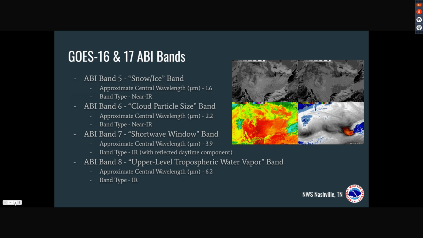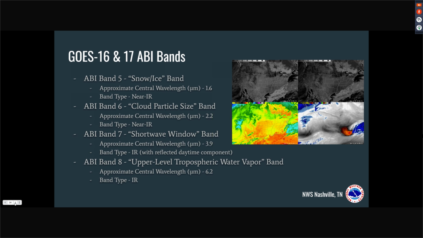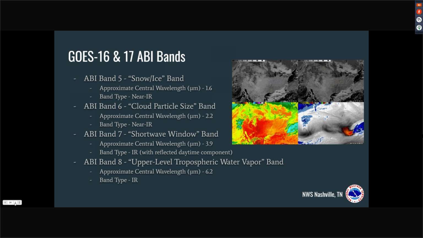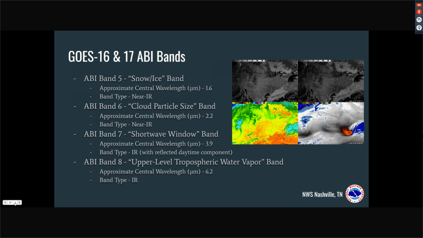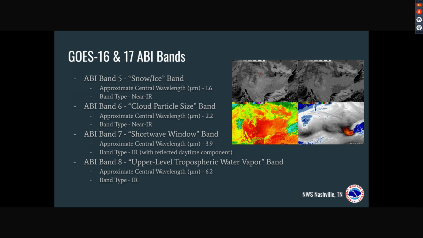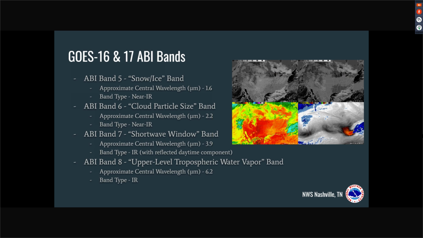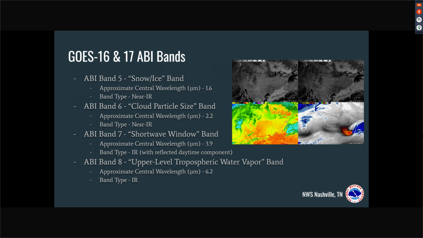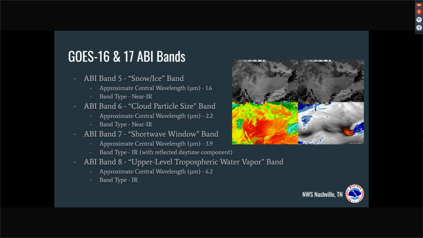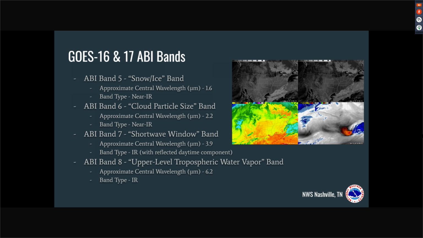Moving into our next four bands, we have the snow and ice band. Similar to the veggie band, this helps us deduce where snow and ice is located because they're actually these darker colors here, and that just has to do with how the energy is emitted. We also have cloud particle size, the shortwave window. So this is still, it actually is moving into the IR part of our spectrum by this band.